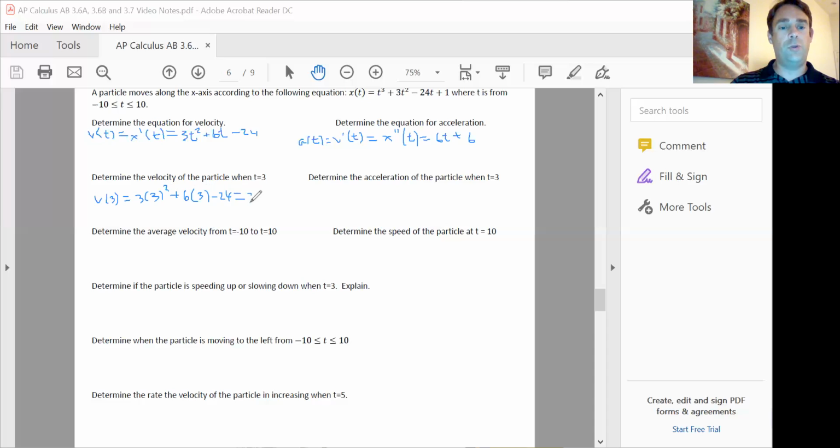So the velocity is 21 units per time. We don't know what the units or the time are, so we'll just leave it be. Acceleration would be units per time squared, but again, we don't know the unit or the time. So the acceleration now is 3.